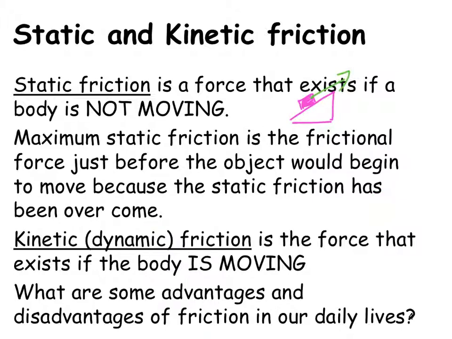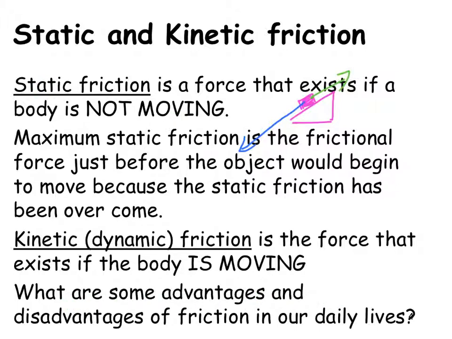So eventually you reach a point where the slope can no longer keep the brick there, and at that point the downward force is going to override friction and static friction would be overcome. There's still going to be friction though. There's something going to oppose the motion, and that is dynamic friction, and it is the force that exists if a body is moving. Dynamic means moving, static means still.